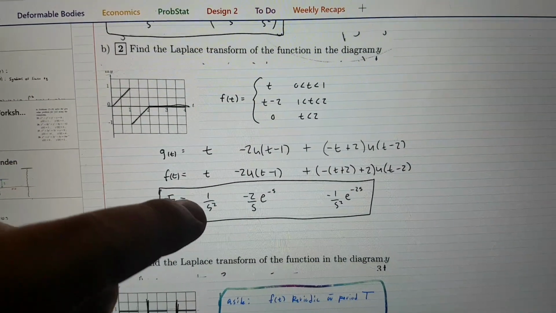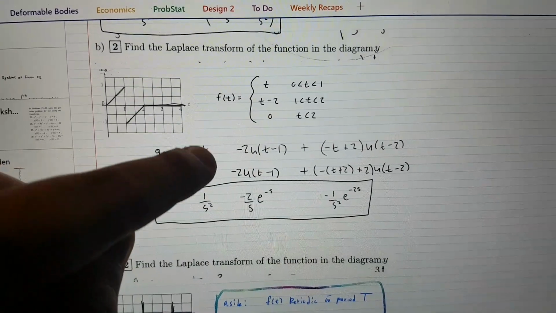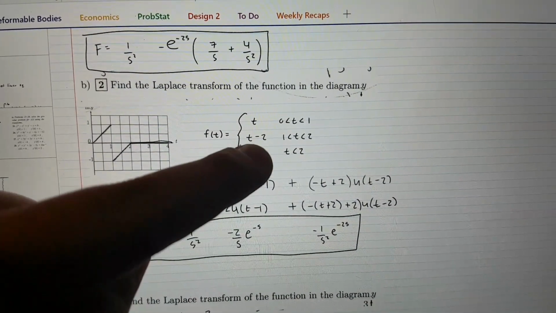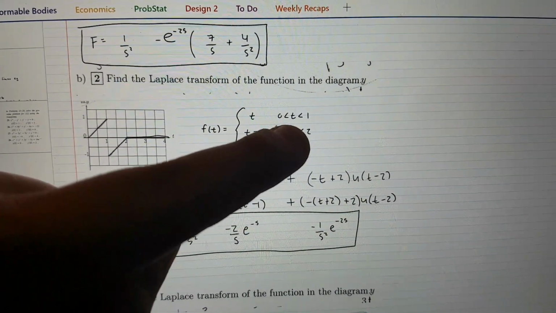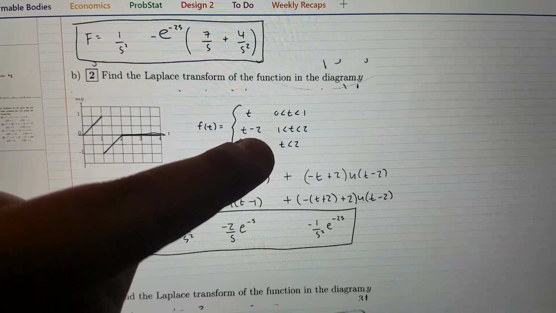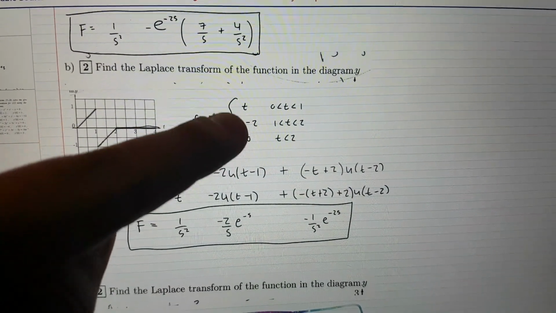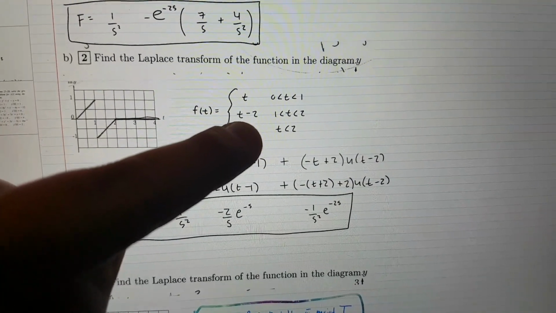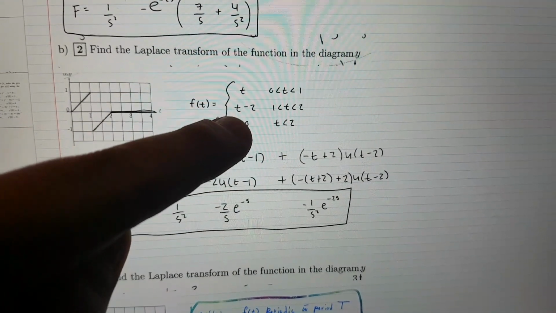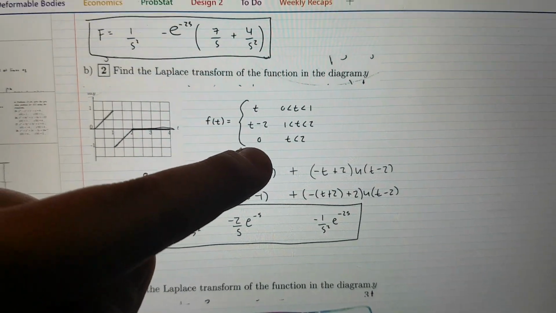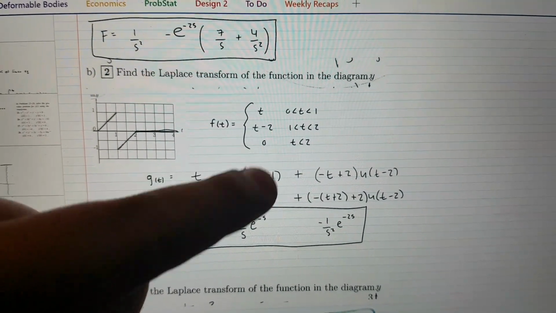Same thing for this one. Well, this one I had an extra term because I did it improperly. So you've got t here from 0 to 1, and then t minus 2 from 1 to 2. So what do I have to do to this? I need to subtract 2 from this, and then what do I have to do to this to make it 0? I have to subtract t and add 2.